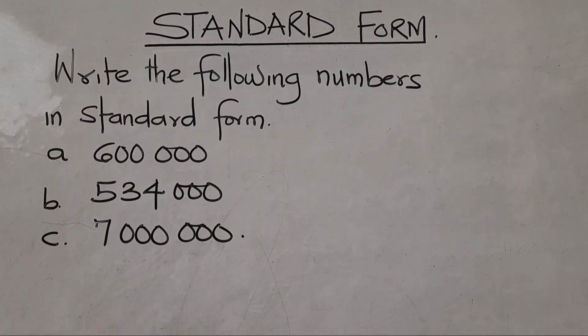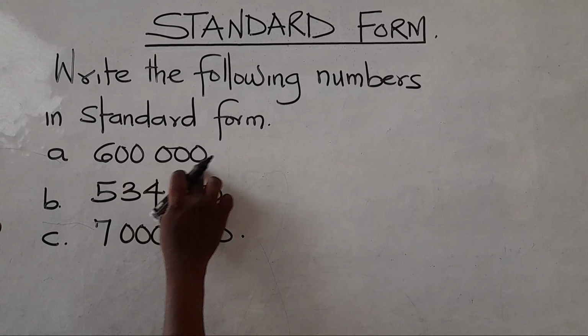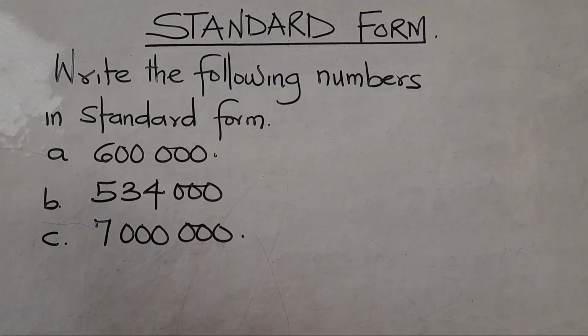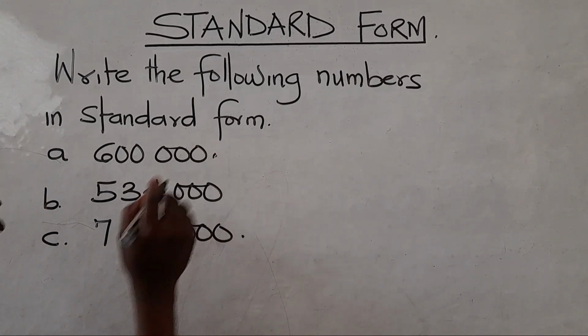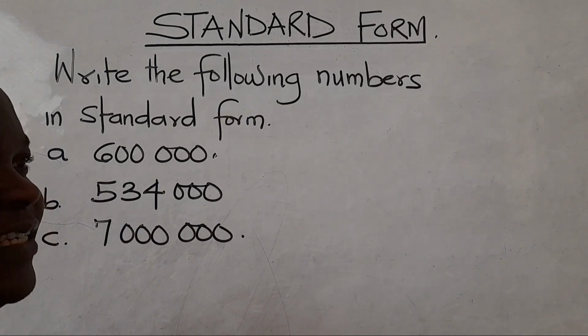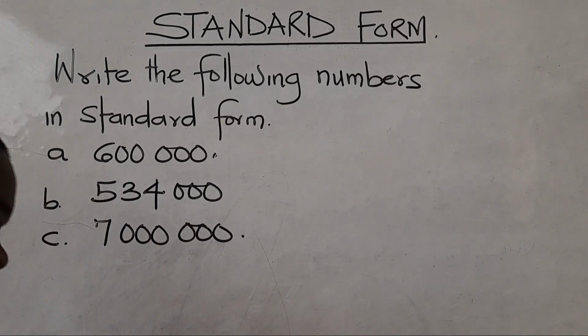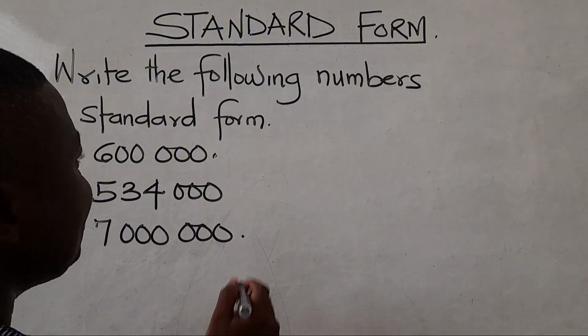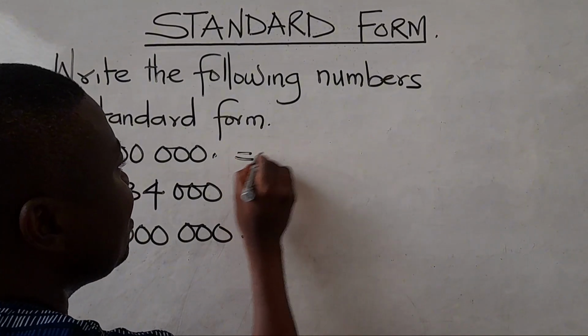Now, it is said here, write the following numbers in standard form. The first one is 600,000. Since there is no point inside, the point is outside. You want to drive the point to the first non-zero number, which is 6.